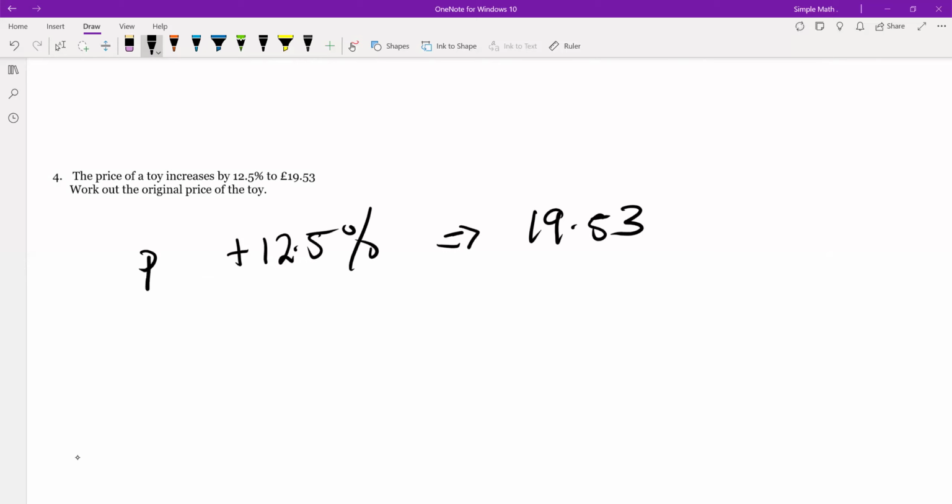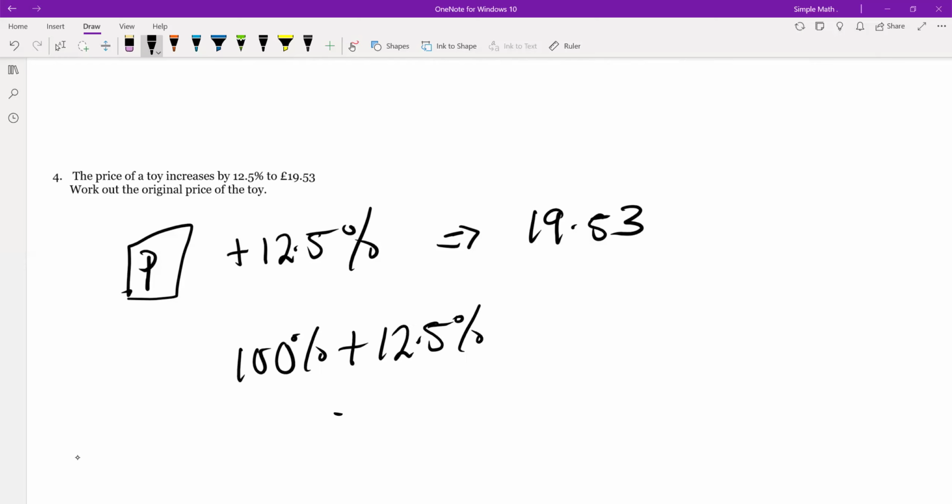Now we can say this price is P now. I increase it by 12.5%. So your original price is P. We can take that as 100%, which means that 100% plus 12.5% gives us 112.5%.